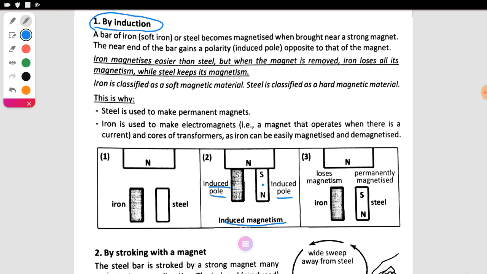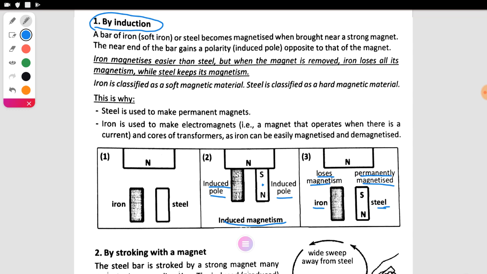If we remove the magnet, what is the difference between them? Iron loses its magnetism, while steel keeps its magnetism. So it is called a permanent magnet, while iron loses magnetism.